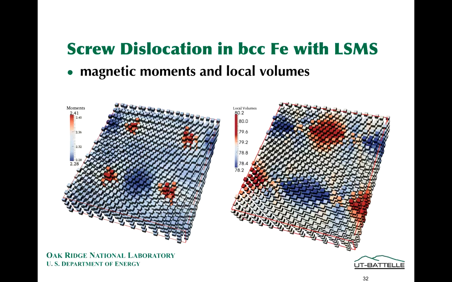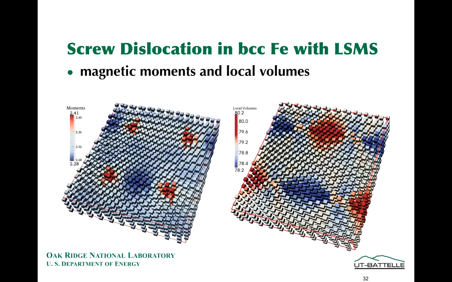So here we have done a large-scale first principles calculation. Again, something that is only really possible if you have at least hundreds of compute nodes available, for a system that contains 4 screw dislocations.